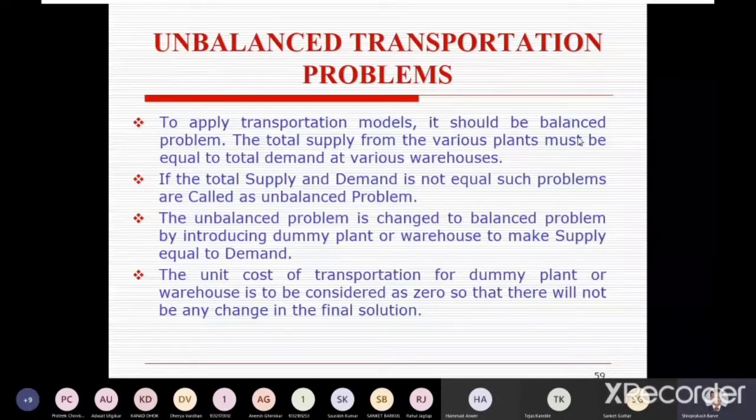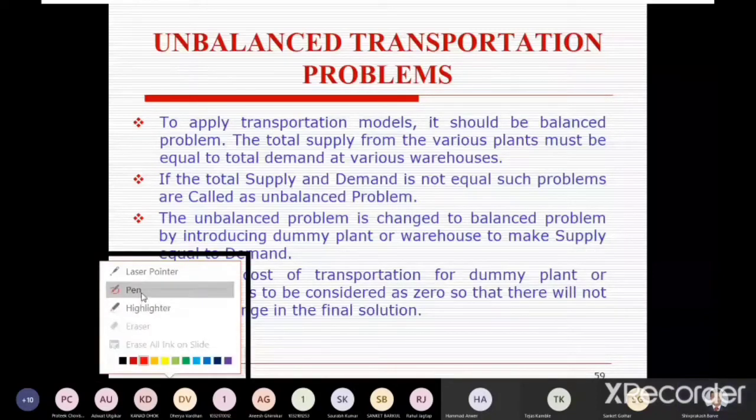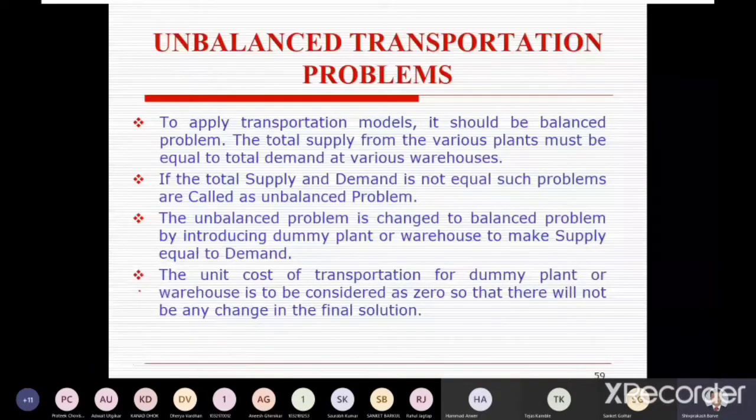But sometimes this plant capacity and warehouse capacity is different, and such a problem is called an unbalanced problem. The total supply and demand is not equal.